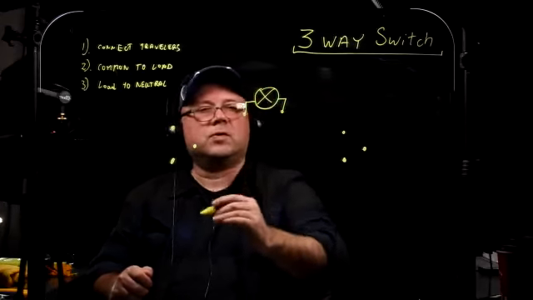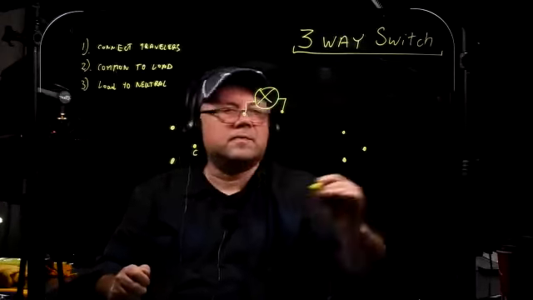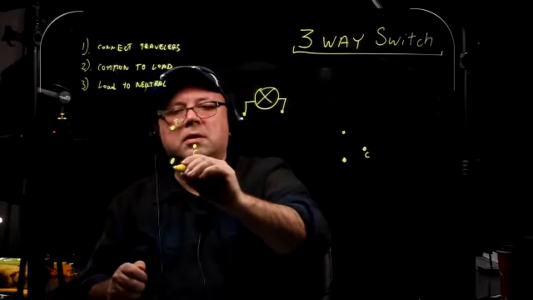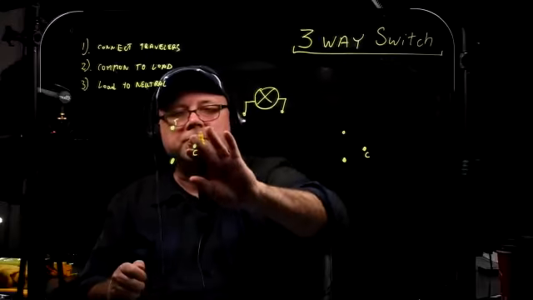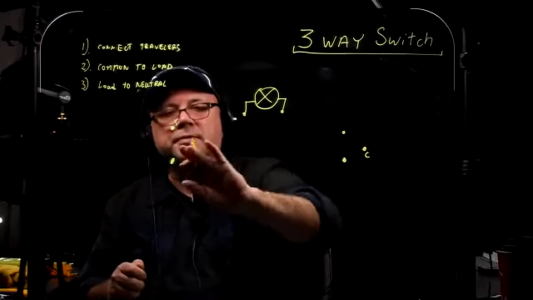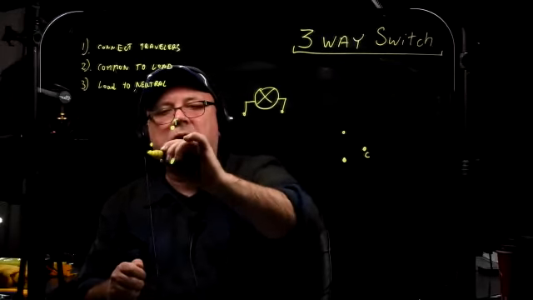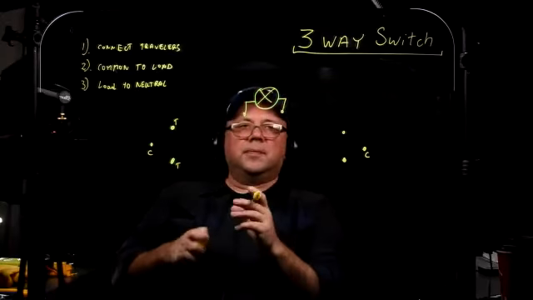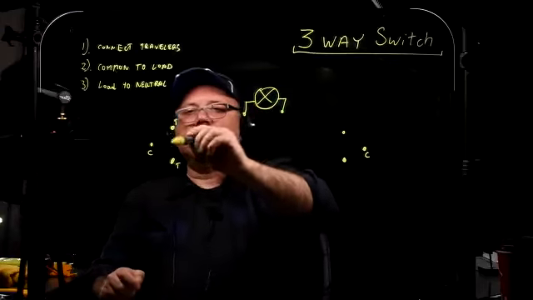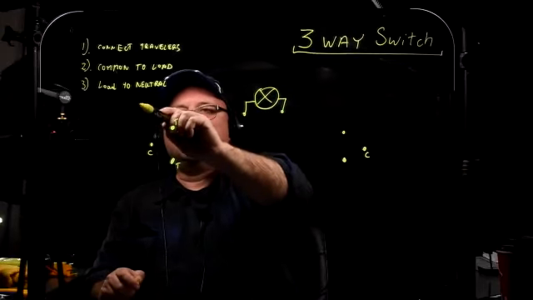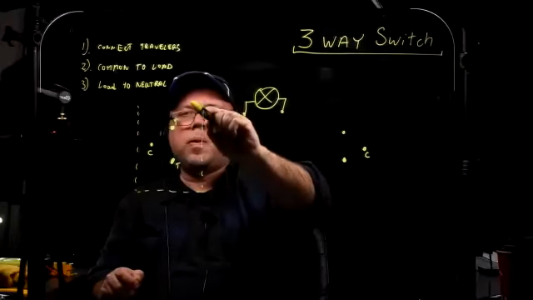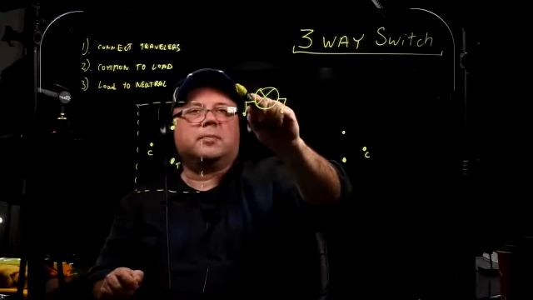Okay, so we have common, traveler. Let's just put the common on the other side here for more clarity. Common here, and then two travelers. Okay, all right, and we have three boxes. Here's one box. Here's another box with the light bulb.